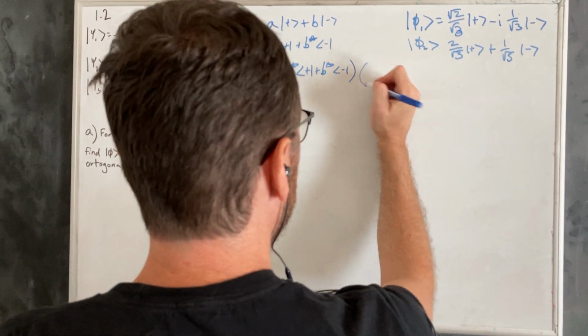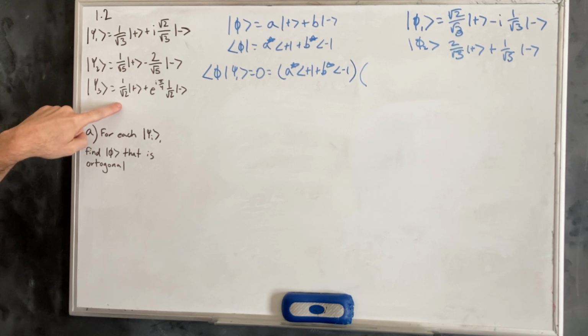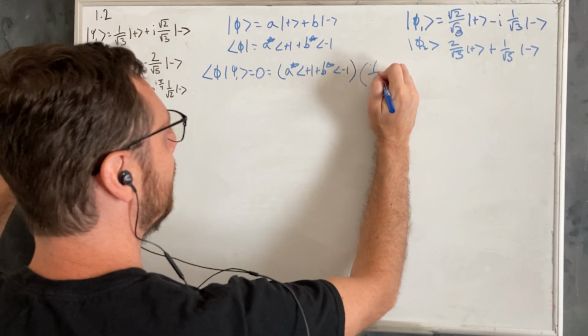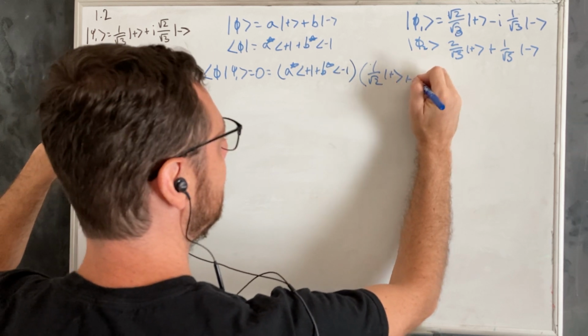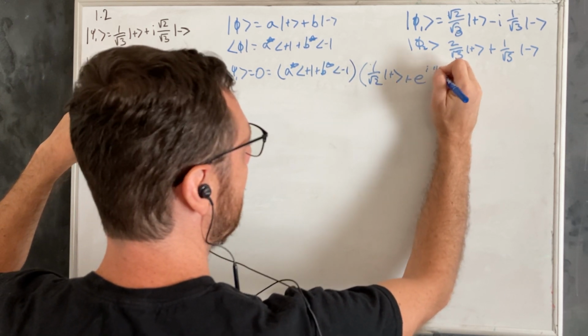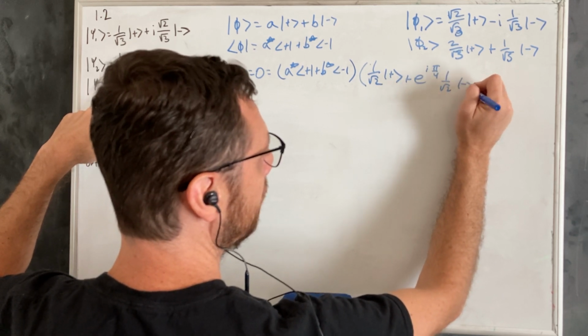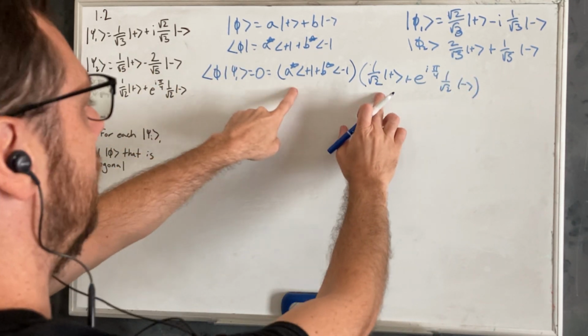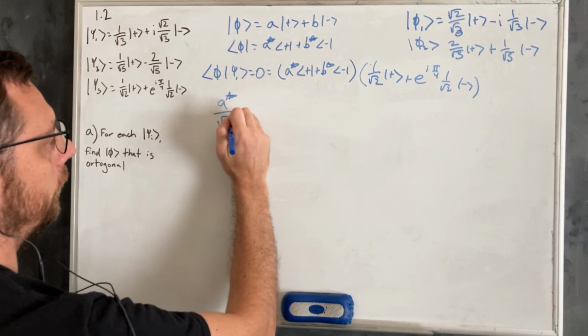All right, let's see if I can, maybe I'll just make it kind of curved down here because I'm running out of room. But we have 1 over root 2 up plus e to the I pi over 4, 1 over root 2 down. All right, so our front terms here would be a star over root 2.